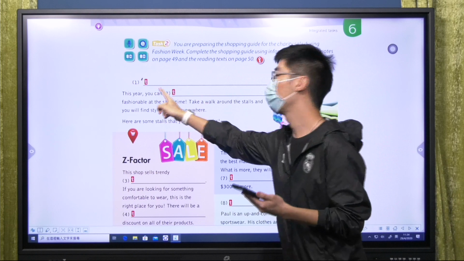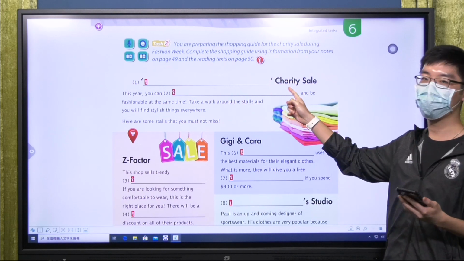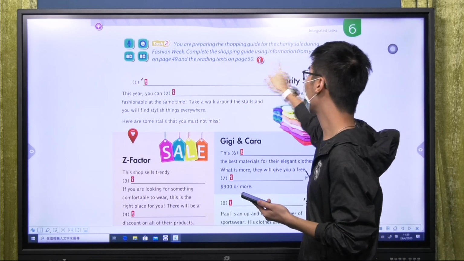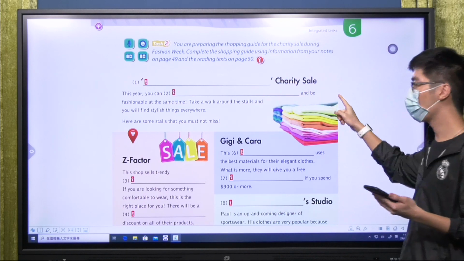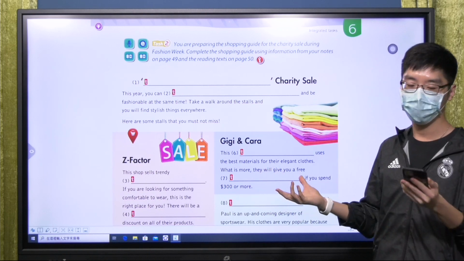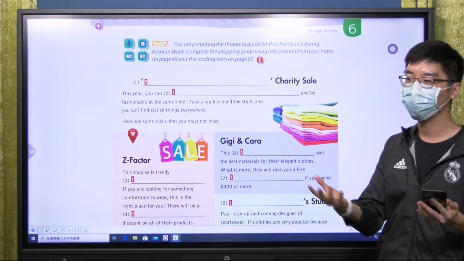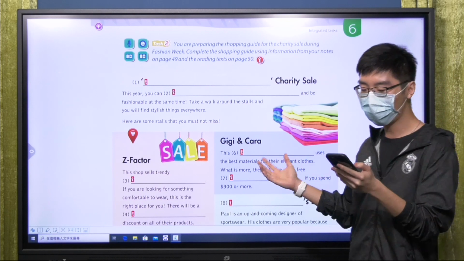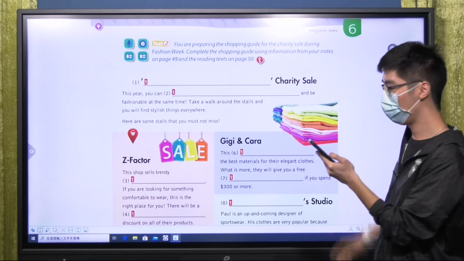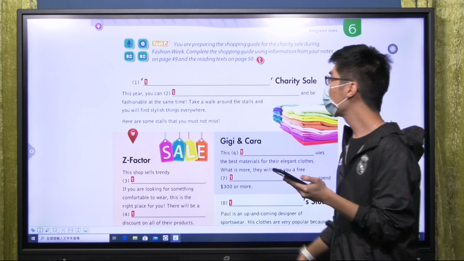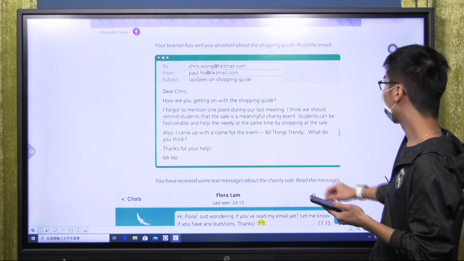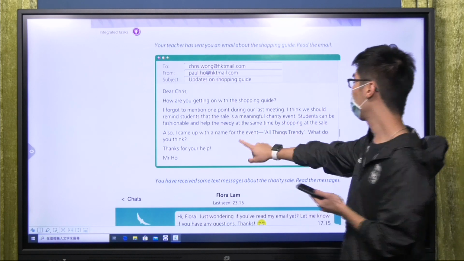At the first part, usually be what? 一個標題 title. So the title is given the name for the charity sale. So where can we find the name of the charity sale? For the listening part or for the data file? You may answer your question, write your answer in the chat room. So usually, as we mentioned before, the name is what?